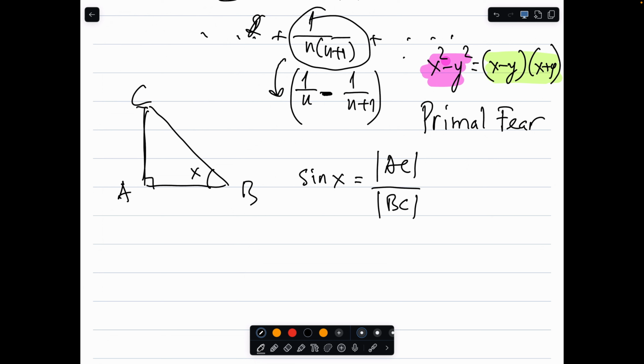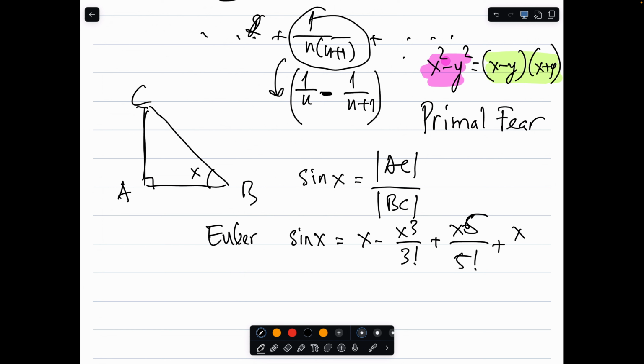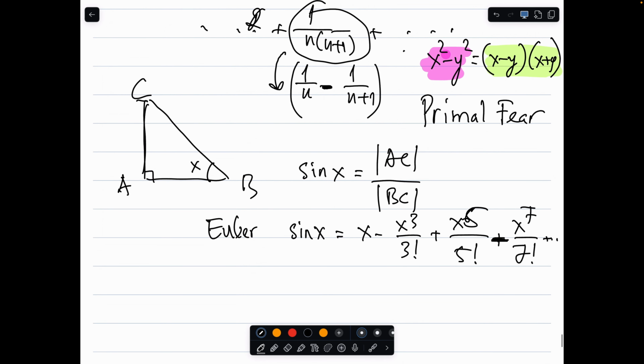But to Euler, this is psi, and he writes it as a formula in terms of exponentials. So you see, this is one form of the sine and this is another form.